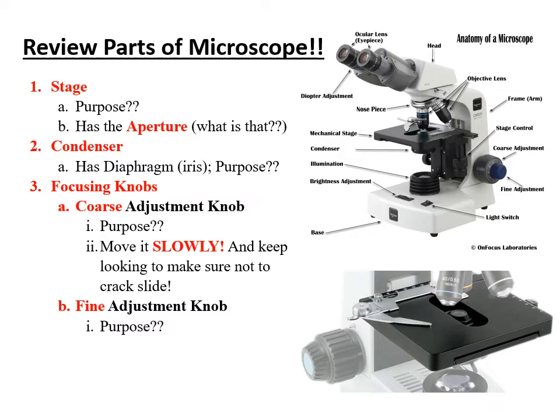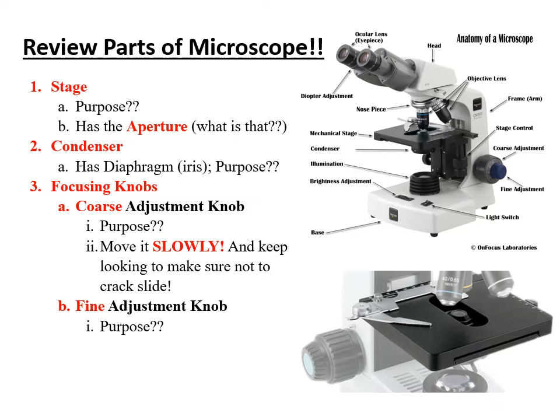Now, the aperture cannot control or modify itself. Instead, if you want to control or modify the amount of light that's reaching your specimen, you then have to adjust the condenser, which has a diaphragm which can open or close. And that tells you that the purpose of the condenser is to adjust how much light is actually hitting your sample. Okay, so it adjusts and it concentrates light.